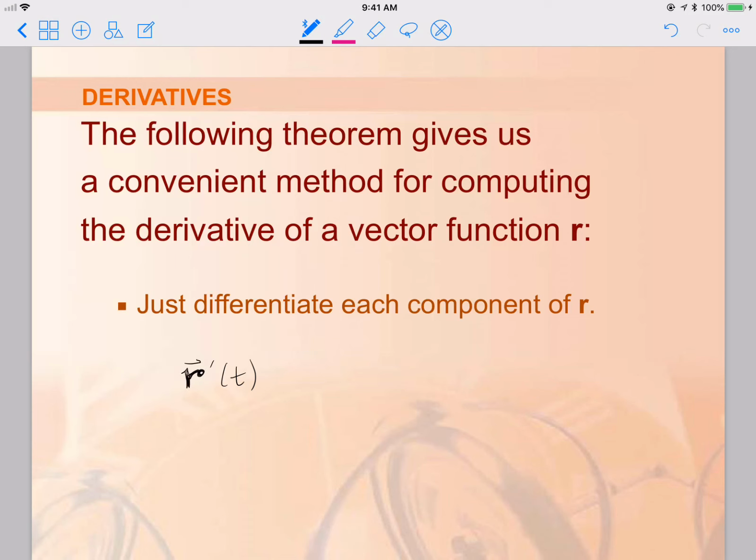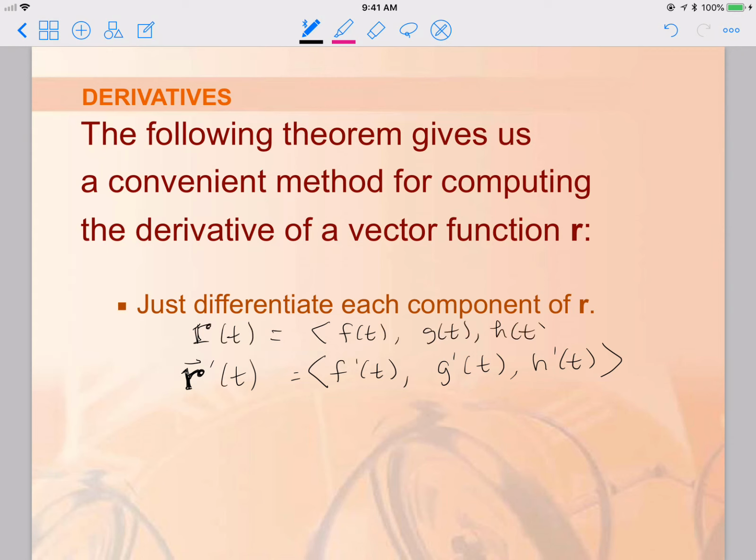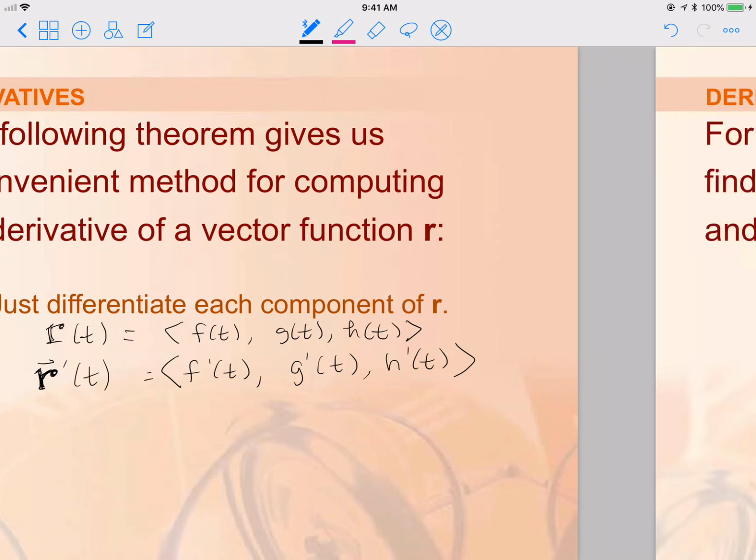So the faster way is to just write an arrow. So r prime of t is just the derivative of the first component, the derivative of the second component, and the derivative of the third component. This is assuming that r of t is f of t, g of t, and h of t. So to get the derivative, we're just differentiating component by component.